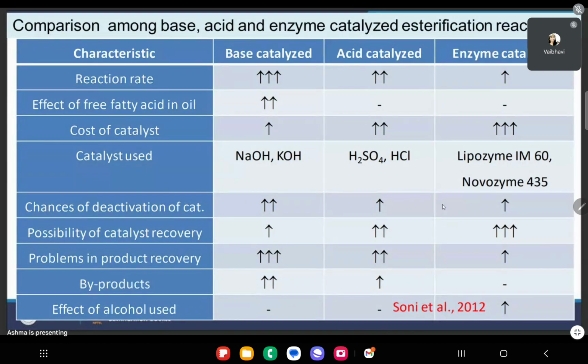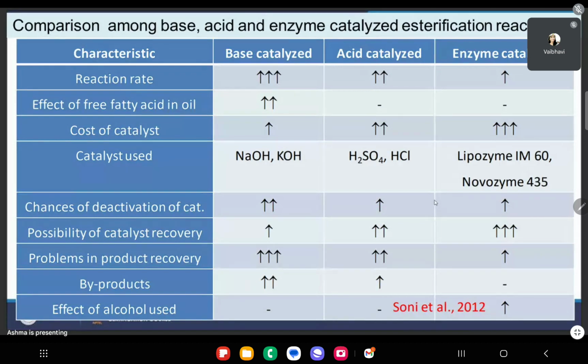We also have the different effect of free fatty acid and oil; in base catalyst it is high. Next is the cost of the catalyst. The cost of enzyme catalyst is very high as compared to base and acid catalyst.